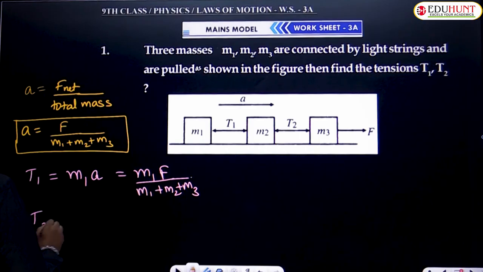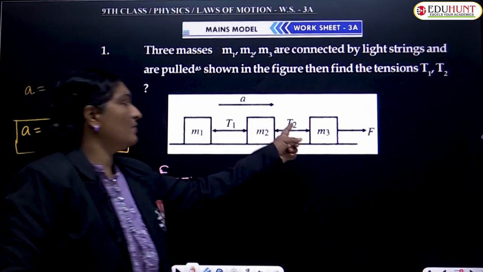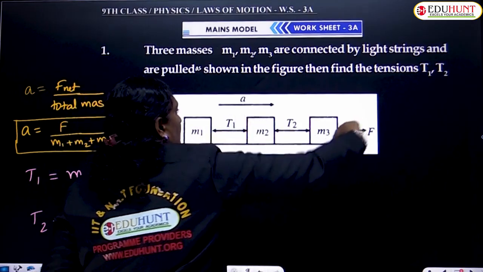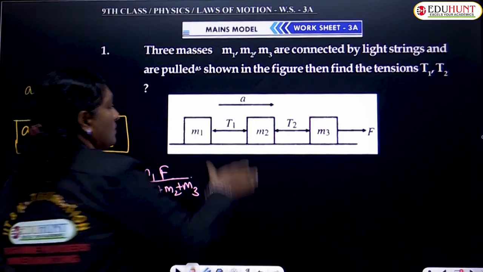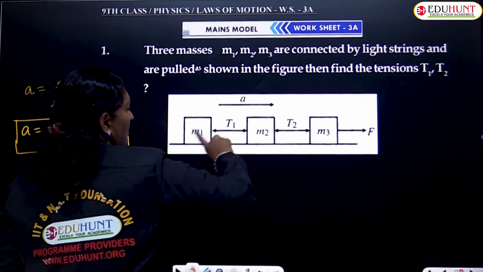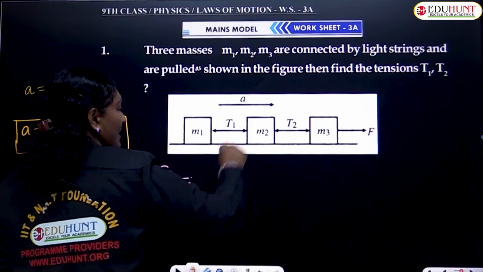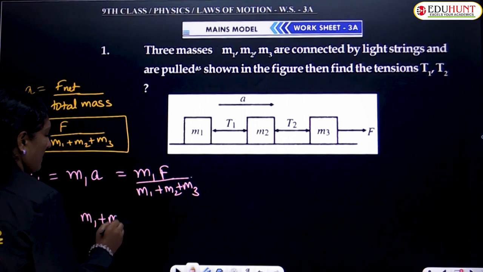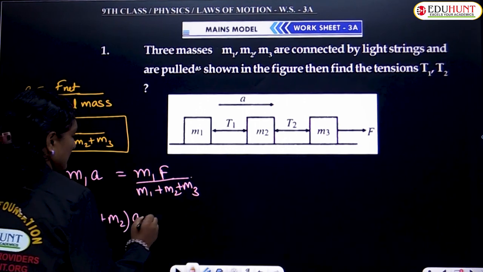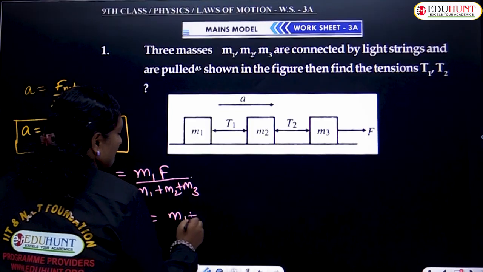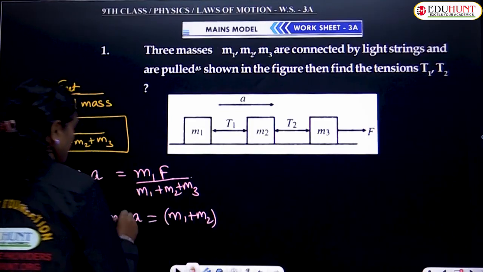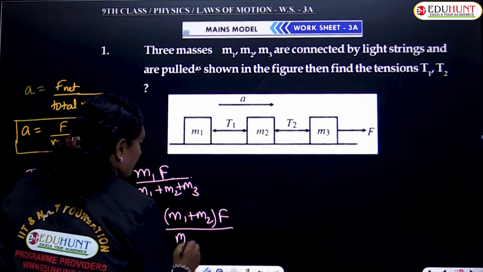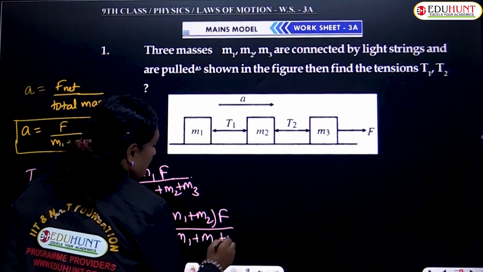Now let us also find the value of T2. Because of this tension, these two masses together are pulled towards the right side. So what is the total mass that is being pulled, children? The total mass is M1 as well as M2. Hence the value of T2 equals M1 plus M2 into a, or M1 plus M2 into F upon M1 plus M2 plus M3.